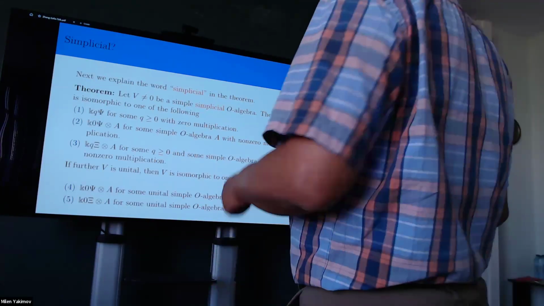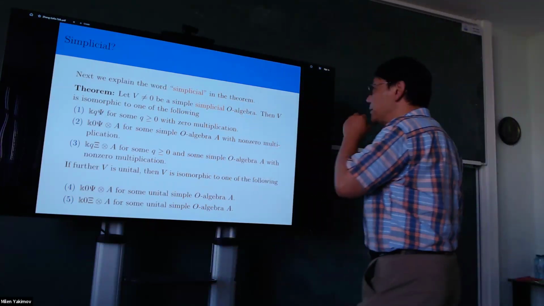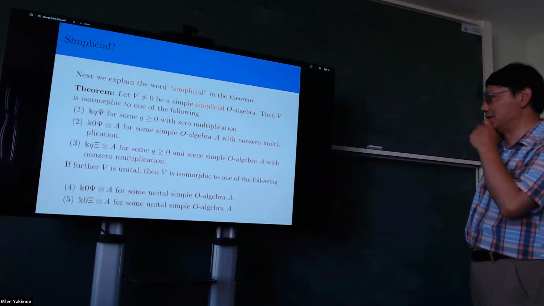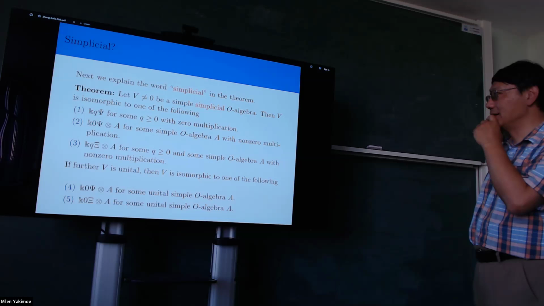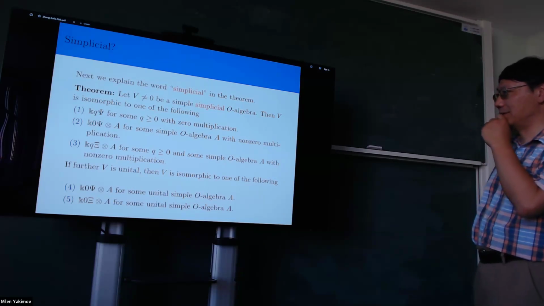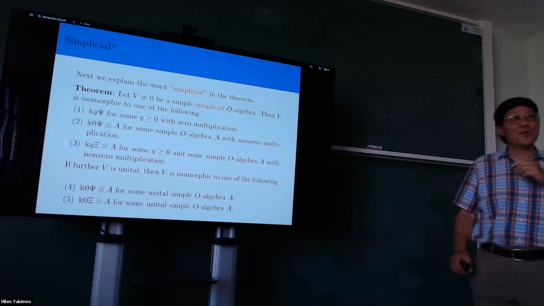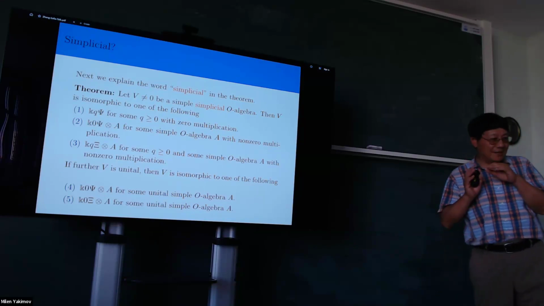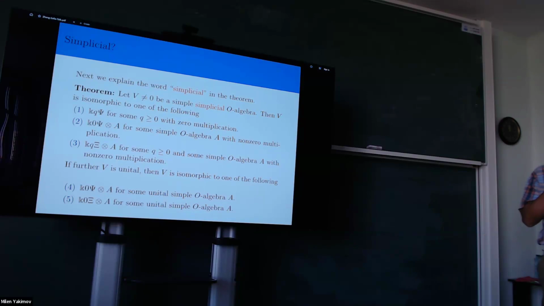The word simplicial only appears once in the theorem, but probably this is one of the most important words in the result. So this theorem is about simplicial algebras. What is the meaning of simplicial?